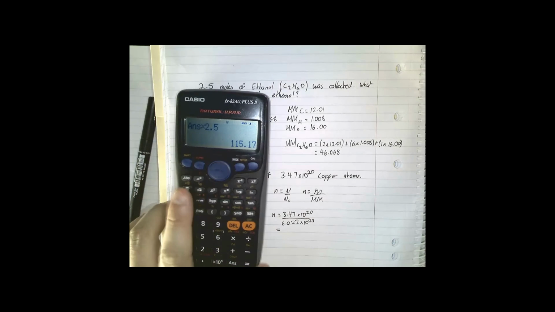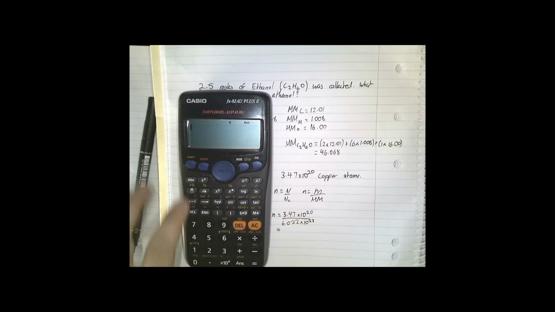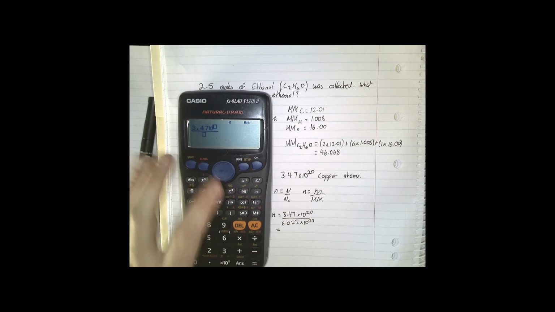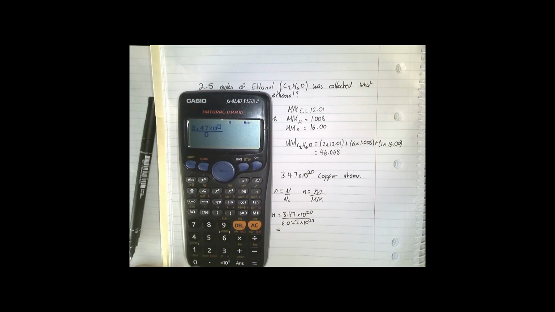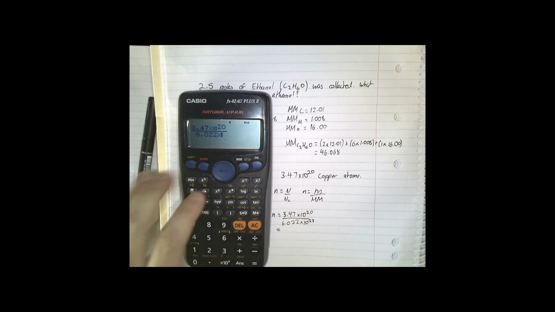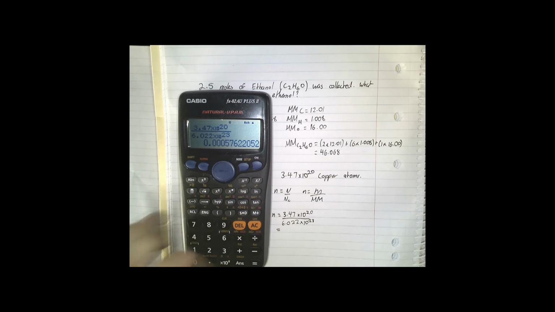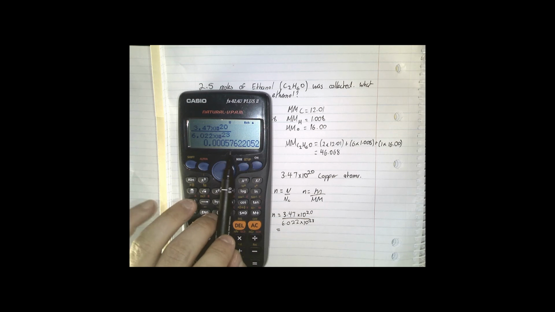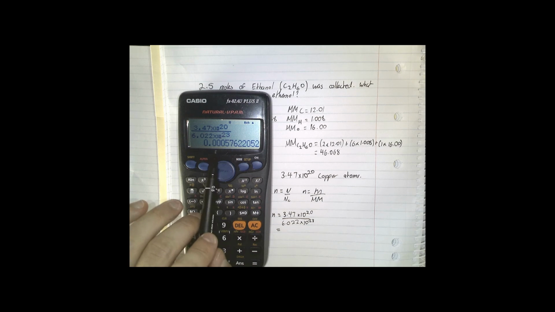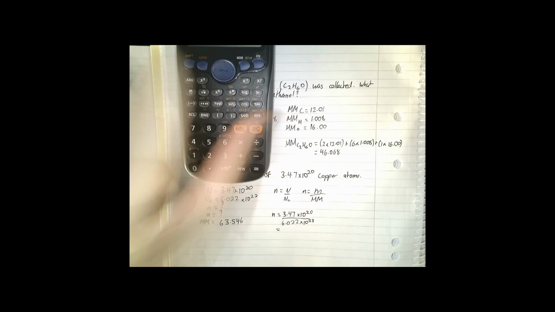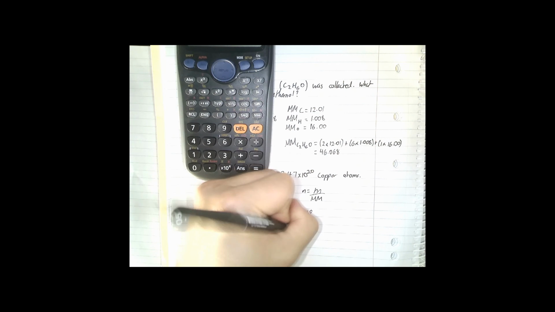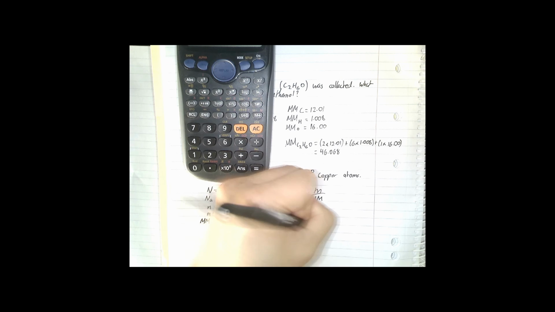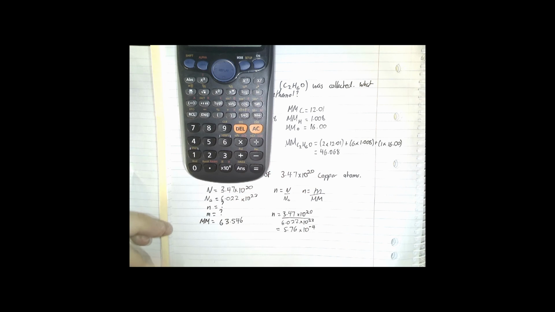Fraction first. 3.47 times 10 to the 20 divided by 6.022 times 10 to the 23. So this would be 5.76 times 10 to the negative 4 moles.